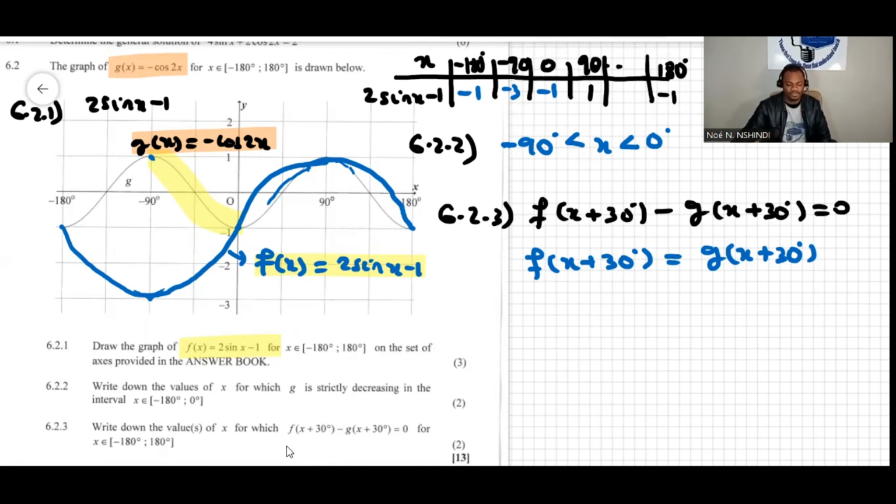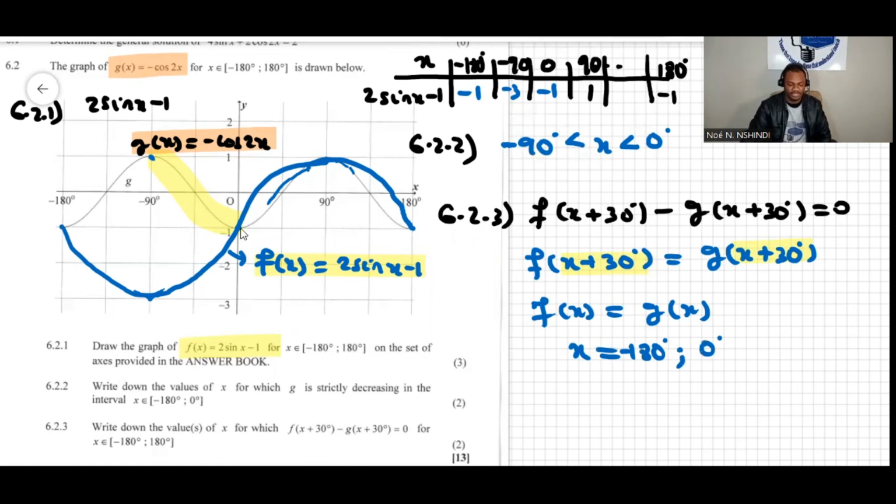First of all, let's compare f of x and g of x, because note that here the angles are the same. Almost like the situation where we had f of x equal to g of x. If we look at the graph, f of x is equal to g of x at negative 180 degrees, and also at 0 degrees.